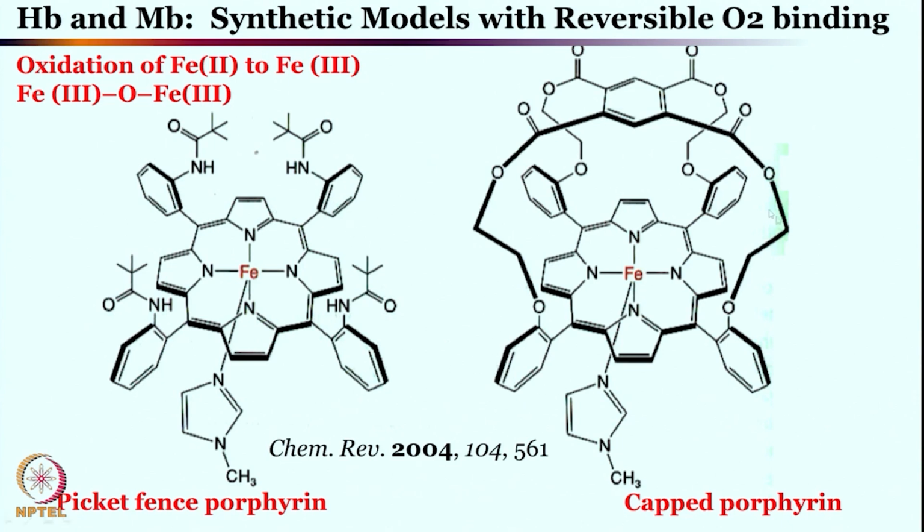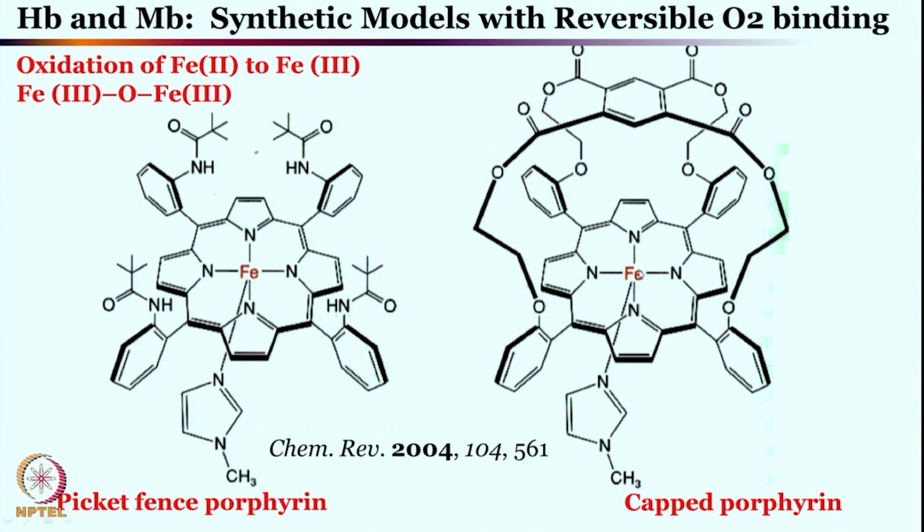Also there is this capped porphyrin, as you see it is a really nice drawing and a really nice molecule, as if there is an umbrella in front of the iron site which is protecting it from another molecule of these coming very close to each other.